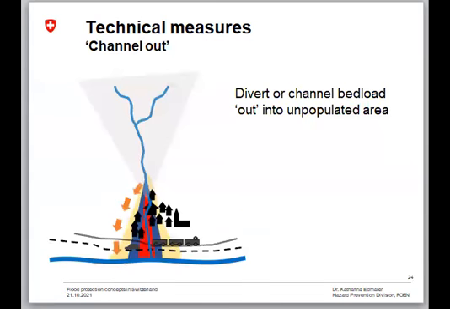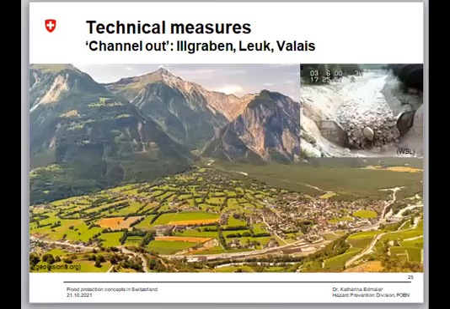Let's come to the next type of measure, the channel out measure. It means surrounding the danger zone by the flow and by the debris. The channel out strategy is currently being planned in Switzerland in the Illgraben, in the municipality of Leuk in Canton Valais. Very large debris flow occur there quite frequently. And on the right side of the alluvial cone, which is here, lies the village of Susten.